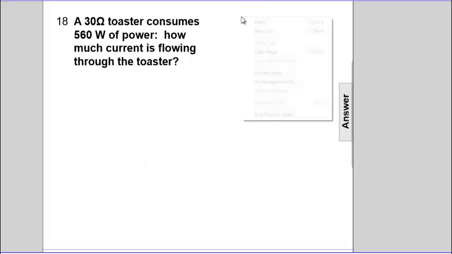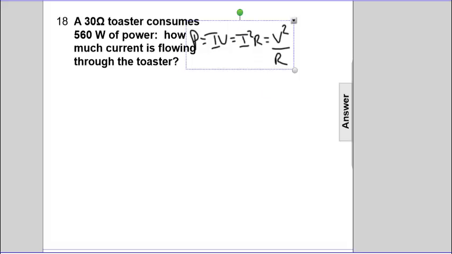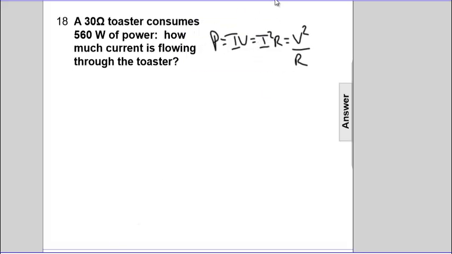So let's go ahead and define the equations, throw them out there for review. In this problem, you're given resistance and you're given power, and the question is, what is the current? So we'll use the relationship between power, current, and resistance to solve for current.